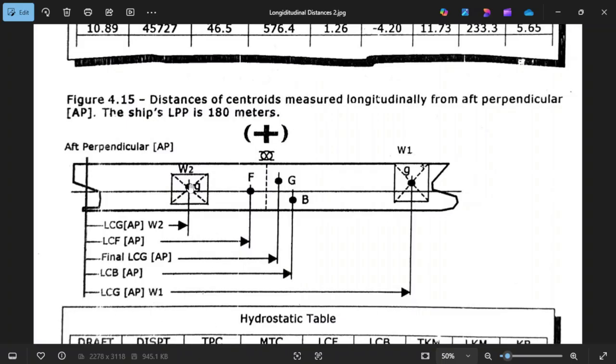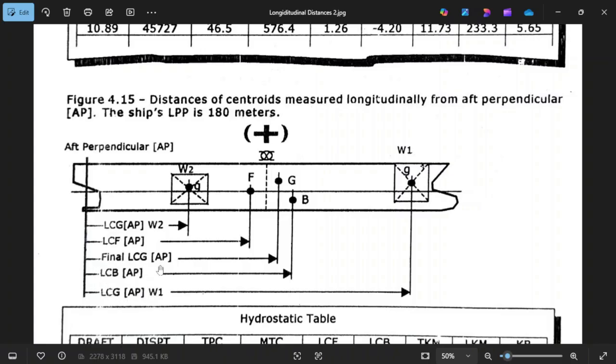Say this way, weight 2. Let's say this is hole number 6. From hole number 6, it is measured from the up part going to the center of the weight, which is the LCG of up perpendicular, weight 2. And the center of rotation here is measured from the up perpendicular to the center of rotation.